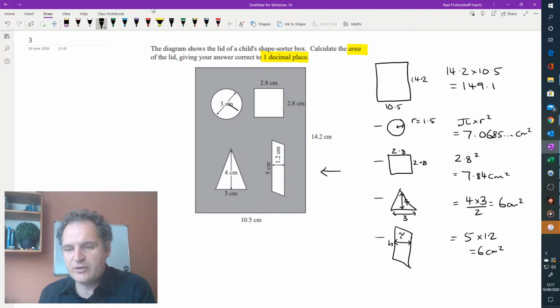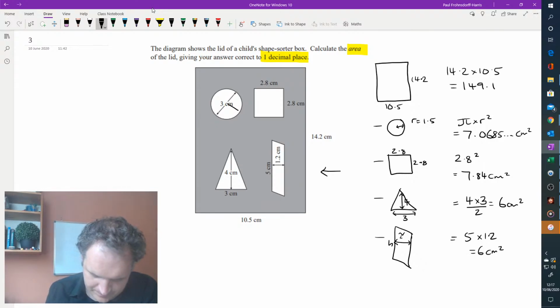So what I'm going to do is I'm going to do my 149.1 minus the whole of that number, so pi times 1.5 squared, minus 7.84 minus 6 minus 6. It doesn't like it.